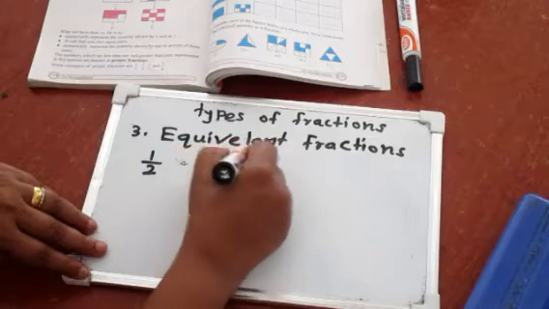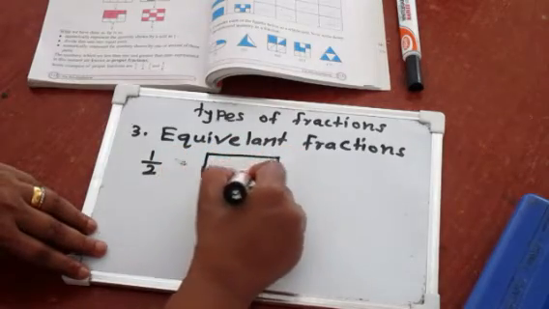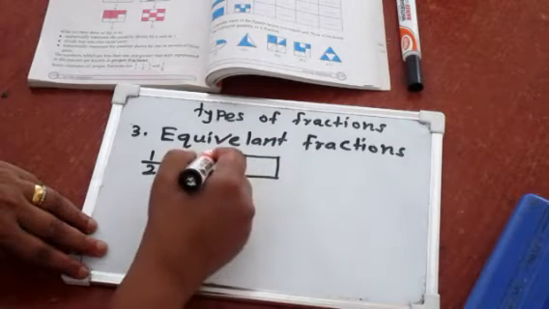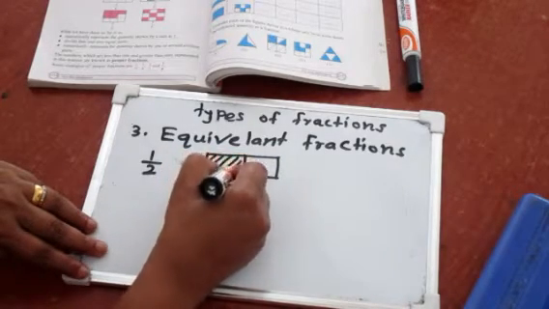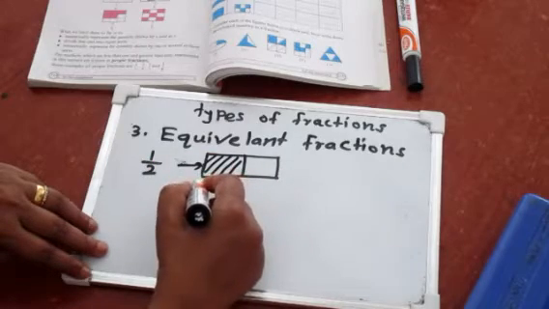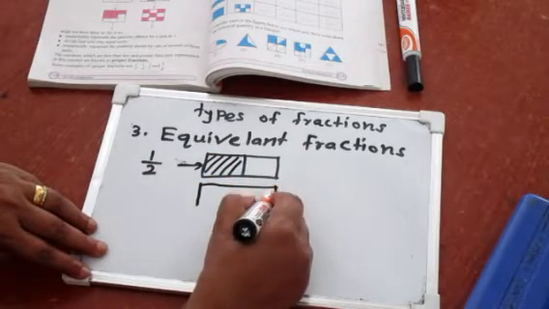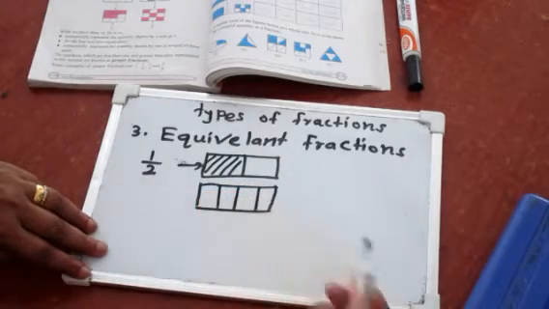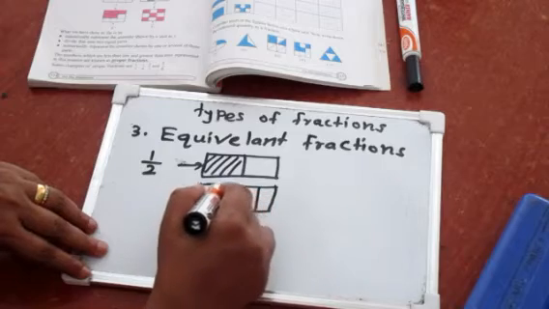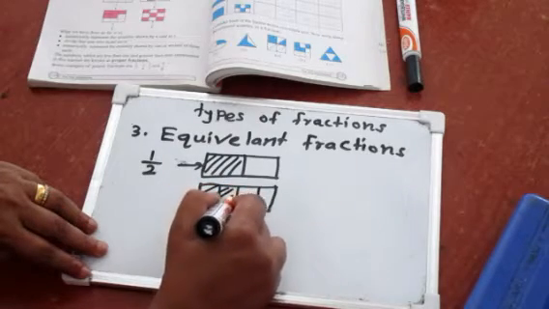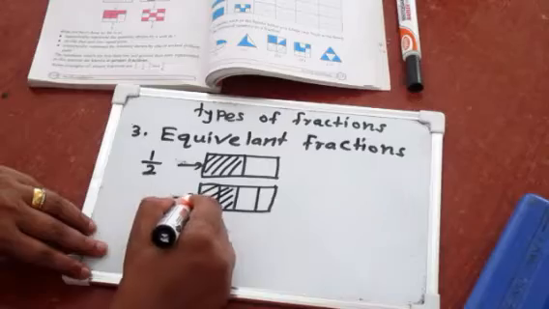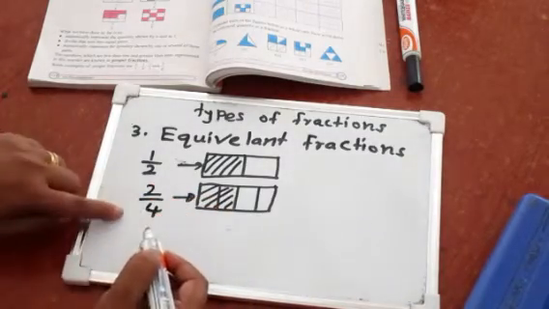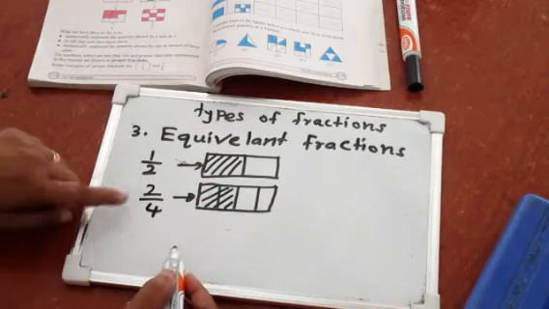Now we will write equivalent fractions for half. First figure we can represent by coloring one part of this. Then I am going to divide this same quantity into 4 equal parts. Then I am going to color the same quantity. Then the colored portion we can write as the fraction 2 over 4. Now these are equivalent fractions. The same quantity we can write in 2 ways.